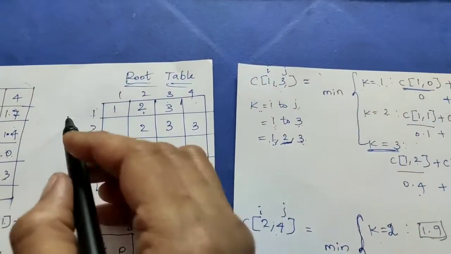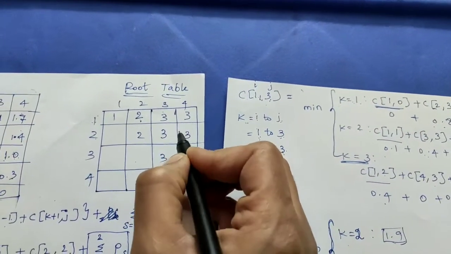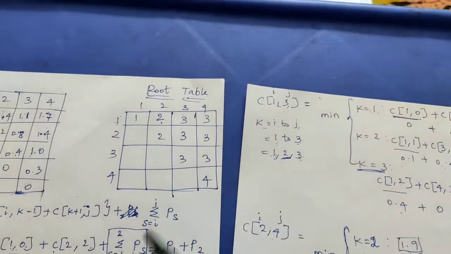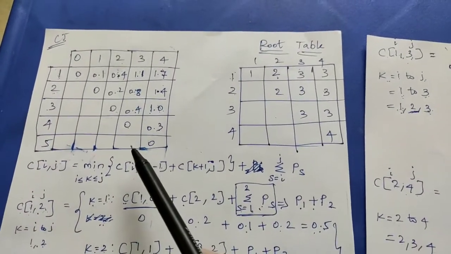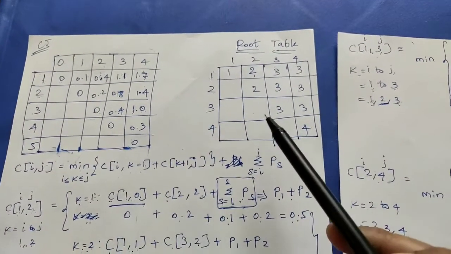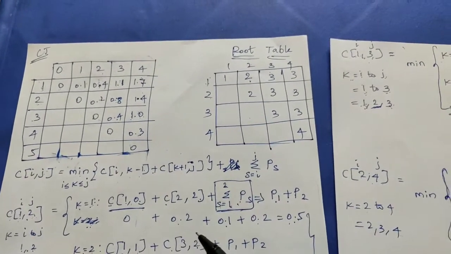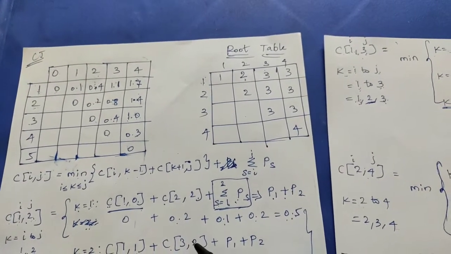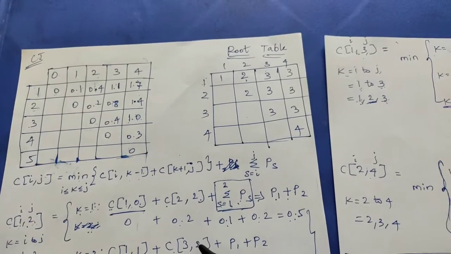So in the root table 1 comma 4, I am just filling that k value which gave us the minimum value of 1.7, that is 3. So this is how you need to construct a cost table as well as the root table using the respective formulas.